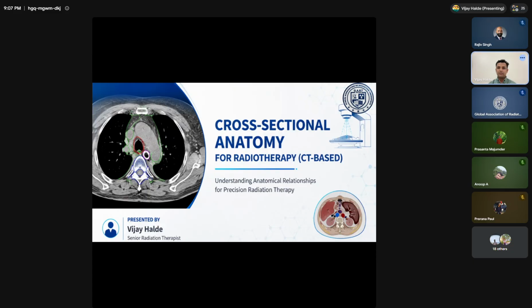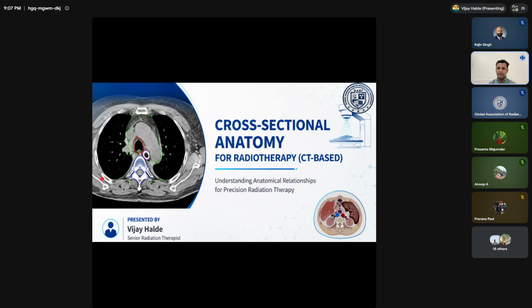Today, we will discuss cross-sectional anatomy for radiotherapy technologies, one of the most important skills required in radiation oncology. Our goal is to identify and recognize target volumes, organs at risk, and anatomical landmarks that will be useful during image guidance.